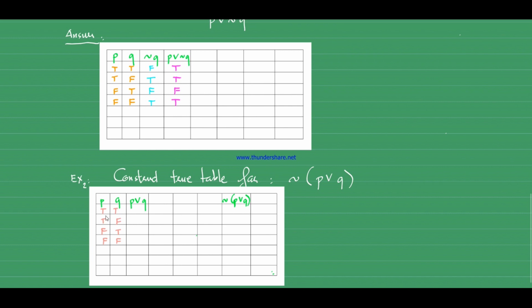If he satisfied two requirements, this should be true. If he satisfied only one of the requirements, it is still true. Then it will be false. Then you negate this, so that will give you the final answer. It will be false, false, false, true.